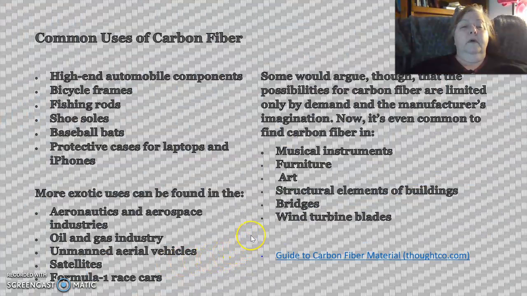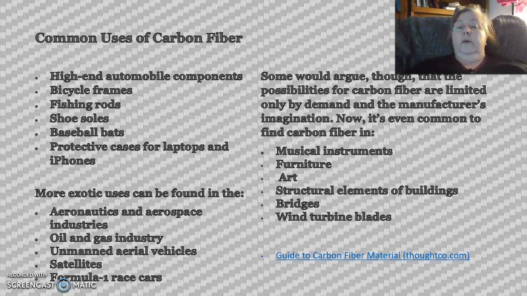Common uses of carbon fiber: high-end automotive components, bicycle frames, fishing rods, shoe soles, baseball bats, protective cases for laptops and iPhones. More exotic uses can be found in the aeronautics and aerospace industries, oil and gas industry, unmanned aerial vehicles, satellites, Formula One race cars.